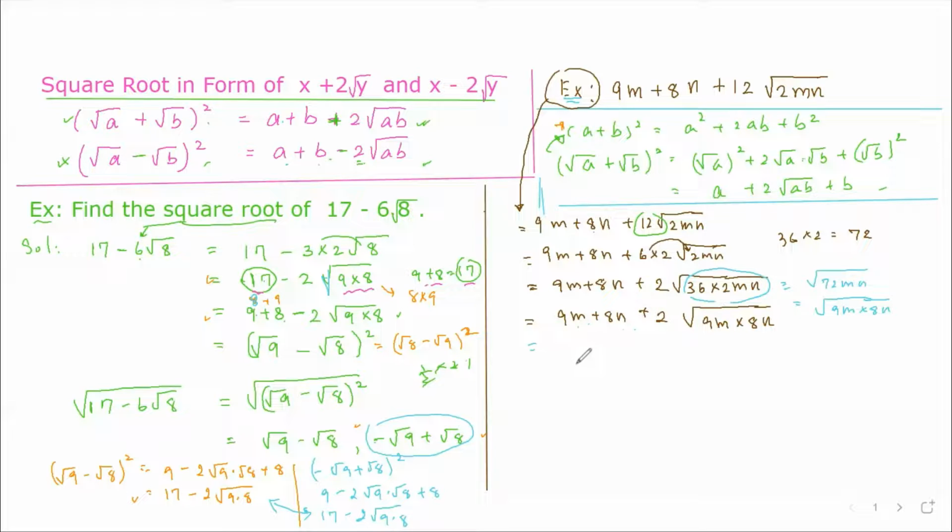So we have 9m, because this one plus, so I put plus here, and square root 8n. Okay, and then don't forget in the pattern the whole thing power 2. So you put power 2 here.